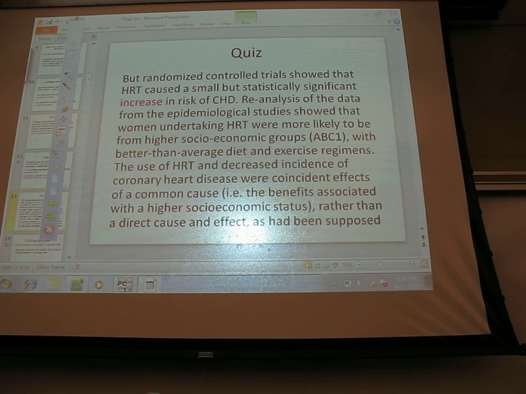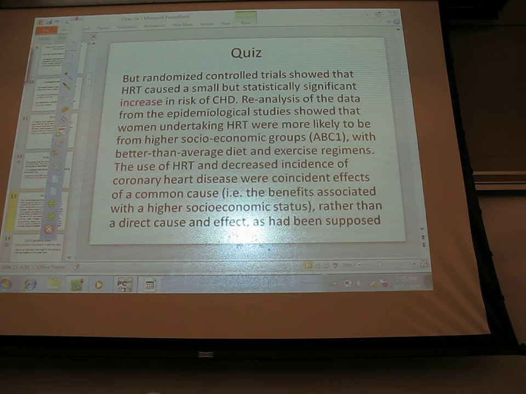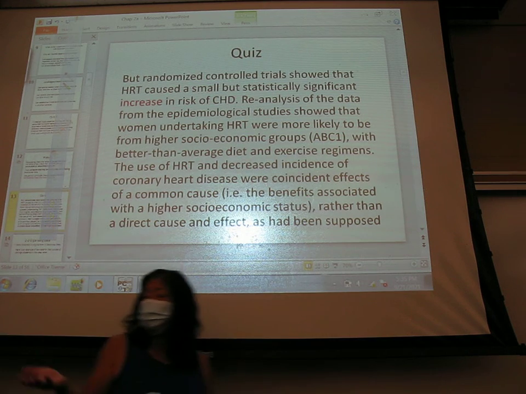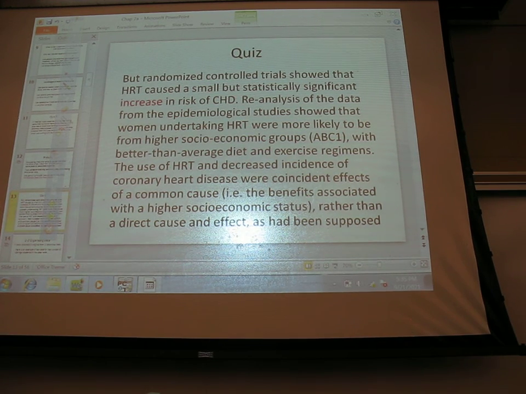All right, and in fact, what happened was they did say, well, it looks like this one might cause that one because they're correlated. So they in fact did do an experiment, and they randomly assigned people into groups. One group did the hormone replacement therapy, and one group did not. And what they found out was actually the opposite: that HRT actually causes a slight increase in heart disease, not a decrease.